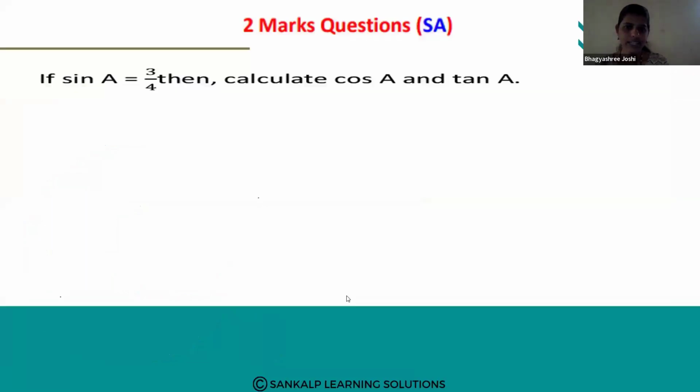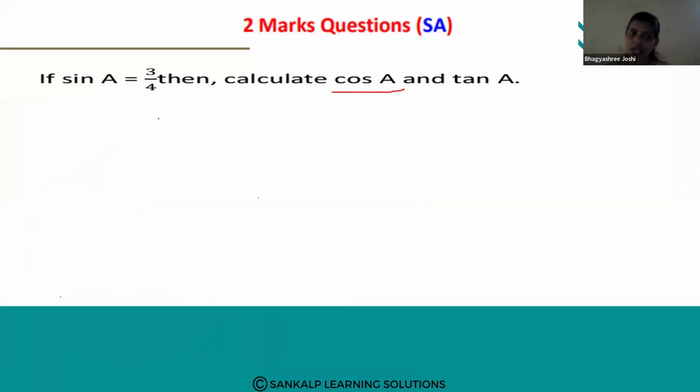Another question I want to solve, 2 more questions. Sin A is equal to 3 by 4. Then calculate cos A and tan A. So one ratio they will give, and they want us to find the value of cos A and tan A. They can give any ratio, cos A, sec A, cosec A, cot A, anything.